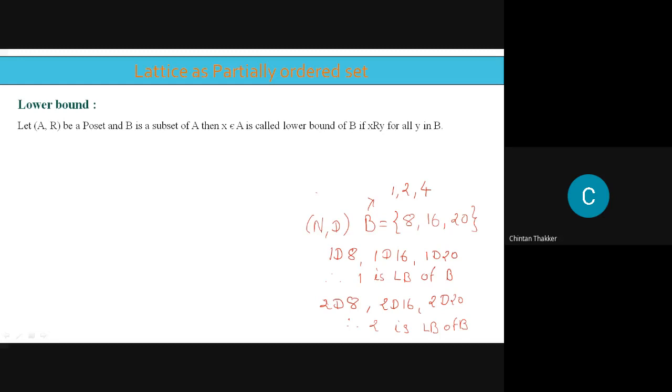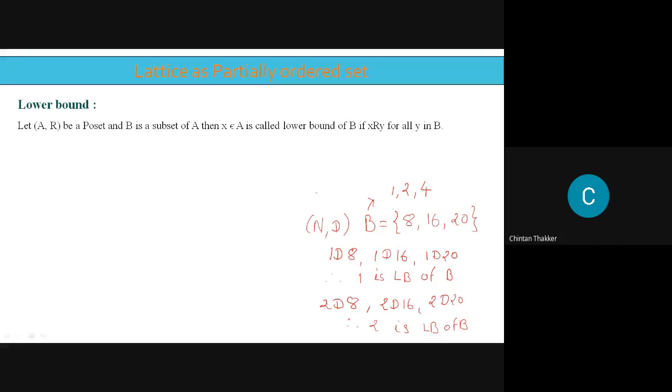After 4 we cannot take 8 here, because 8 divides 8, 8 divides 16 but it does not divide 20. Okay. So the lower bounds are 1, 2 and 4. So these three are called lower bounds of B.